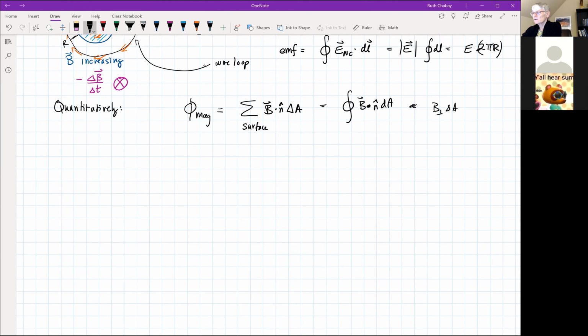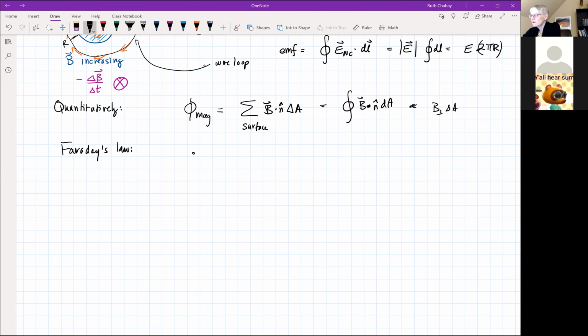So Faraday's law says that it is often expressed in terms of EMF in some piece of wire or something.